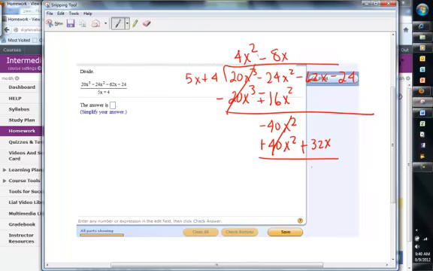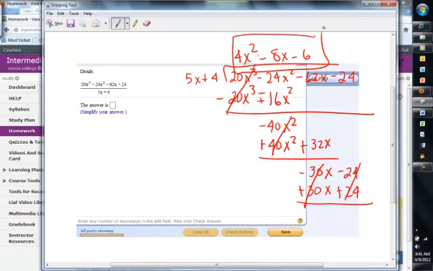Negative 62 plus 32 is negative 30x, minus 24. I'm just going to bring down the minus 24. So minus 6: negative 6 times 5 is negative 30x. Negative 6 times 4 is negative 24. Change the signs and add them, and they both go away.